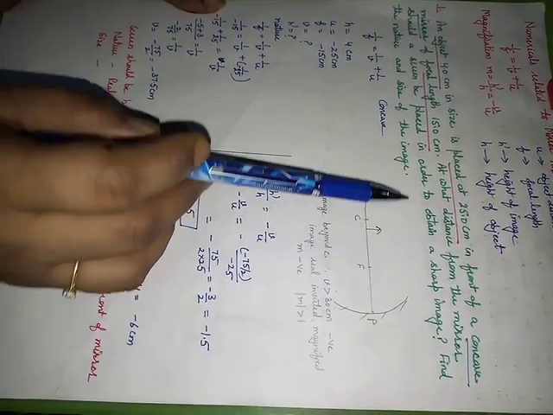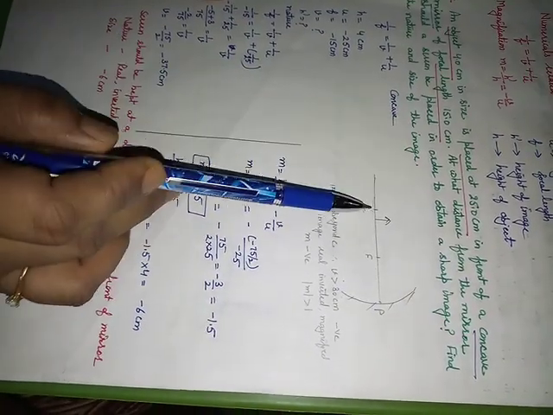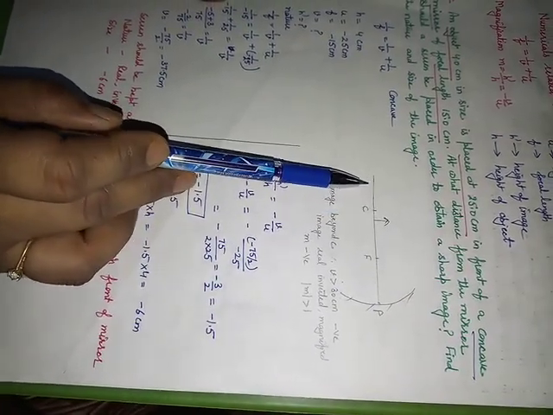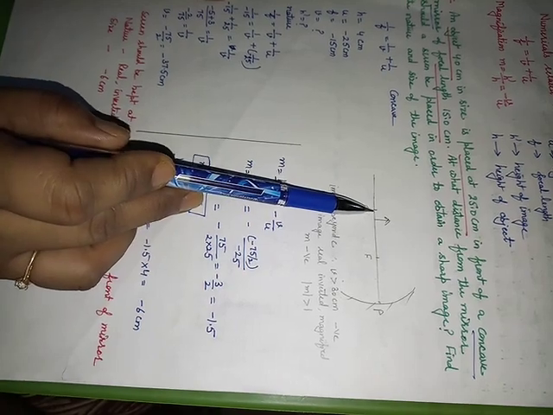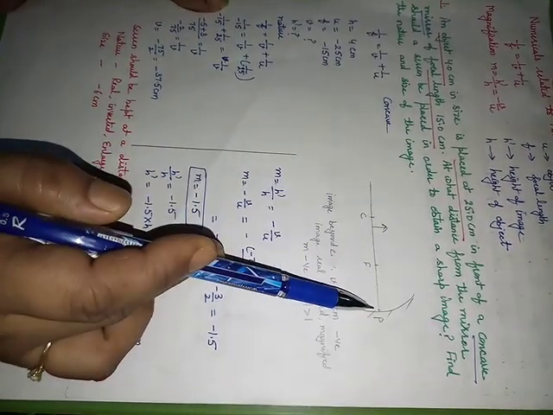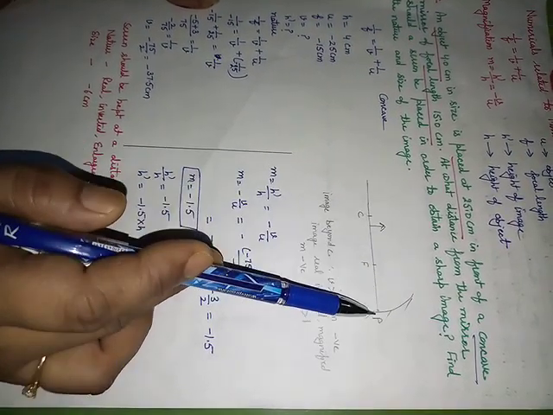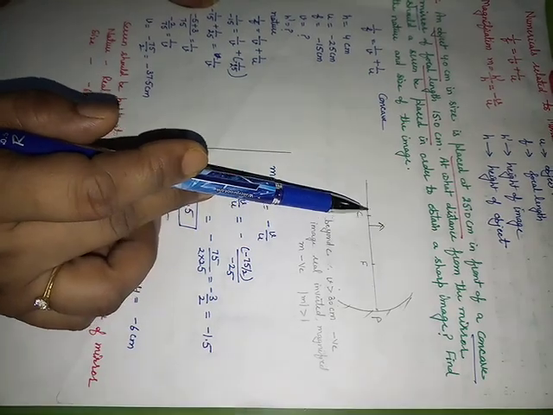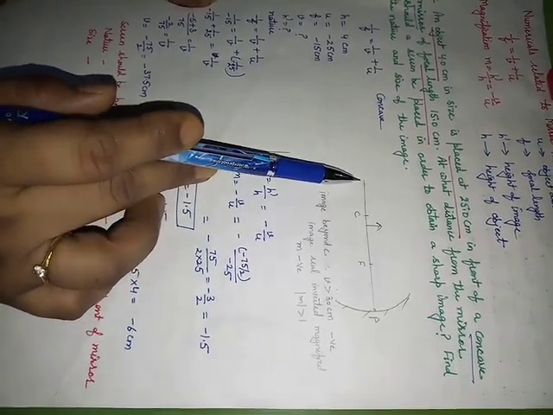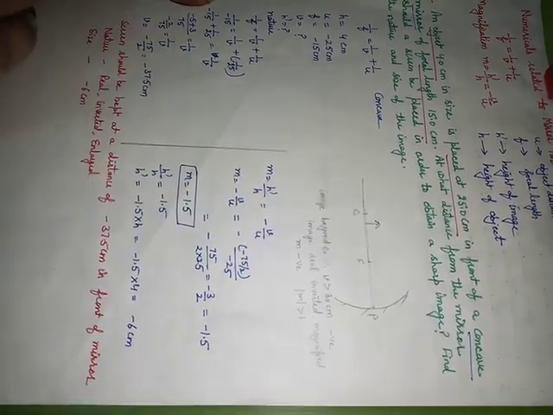And the idea about where you will keep the screen: this should be beyond C. It means your answer in magnitude should come out greater than 30 cm. C distance will be double the focal length, so 15 and 15, this is 30. The image will be formed beyond C. It means the value of v should be greater than 30 cm.